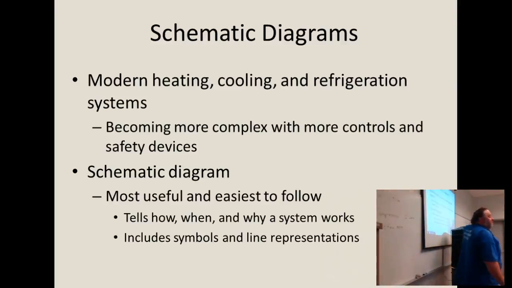Now on a heat pump, the evaporator and the condenser change. In other words, if we send hot gas inside, that would make it a condenser; if we send it outside, it makes the outside a condenser. So when we change modes, the evaporator and condenser change. And so on a heat pump, we often just say outdoor fan motor. But since this is an air conditioner, it's a condenser fan motor.